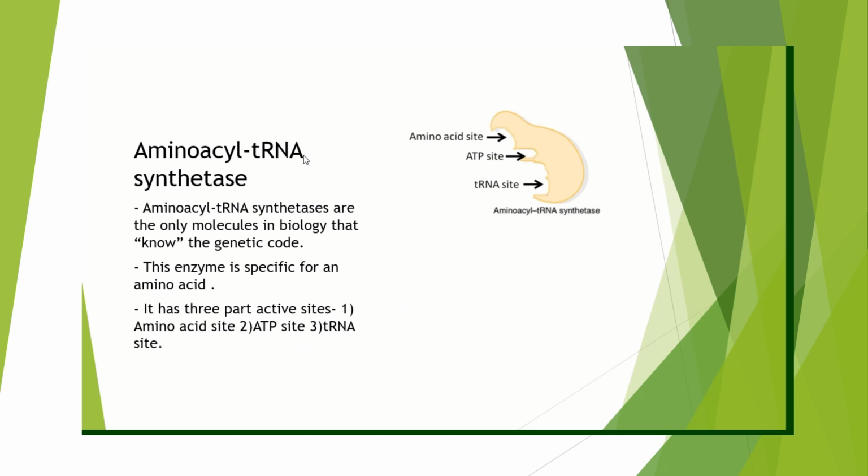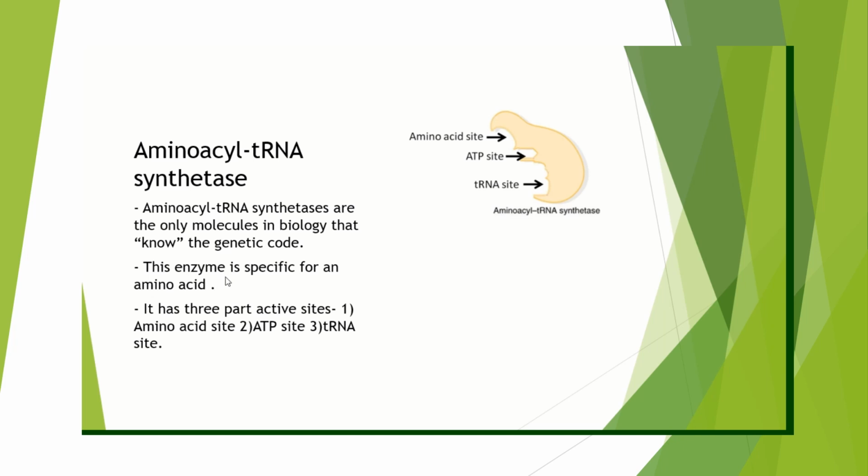Let's see some details about the enzyme aminoacyl tRNA synthetase. Aminoacyl tRNA synthetases are the only molecules in biology that know the genetic code. That is, this enzyme can literally read the genetic code and can join the tRNA with its specific amino acid.